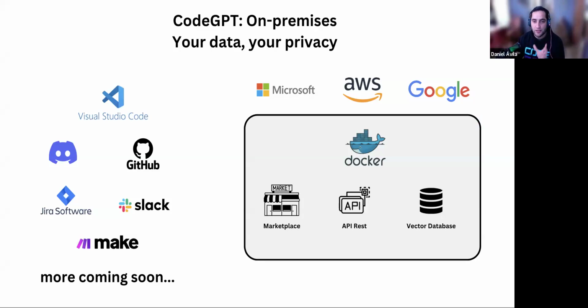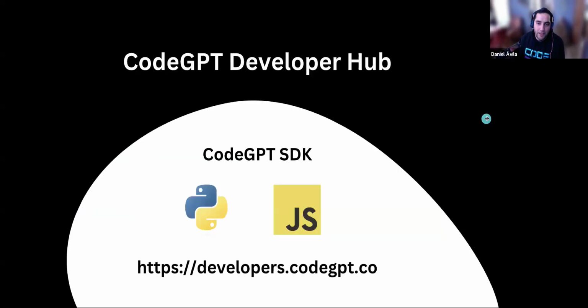We have a Docker with all this I just showed you, and you could install everything in your servers, and you could have the full integration of these tools inside of your data, with your privacy, with your security. And we have Python and JavaScript libraries to use too if you want to work with these experts.